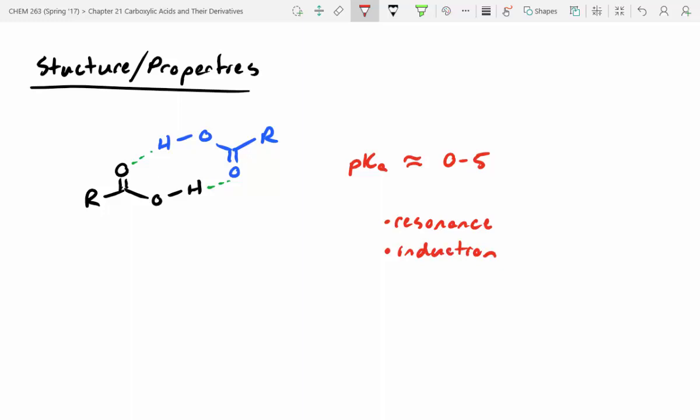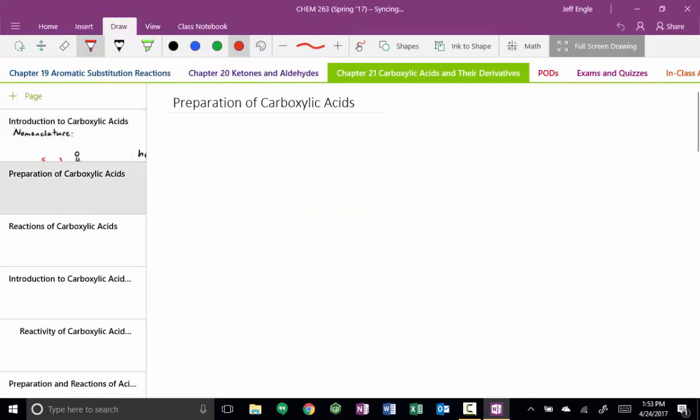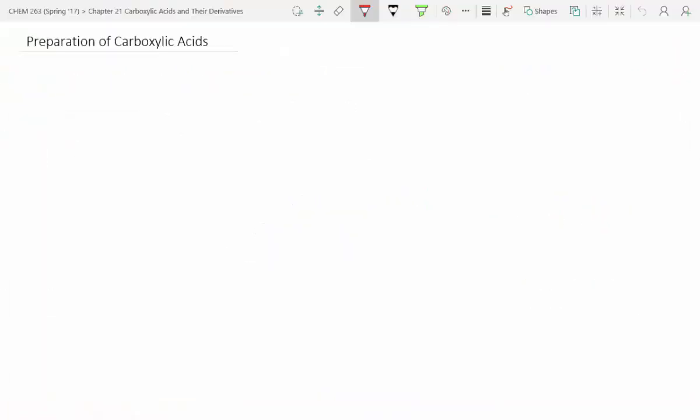Okay, so what we have to do now is a bunch of review. Oh joy. And then we'll start going into new mechanisms. So let's review preparation of carboxylic acids, and I want you guys to help me fill in the arrow and then check with your neighbor. So I'll make a list and you guys help me out.